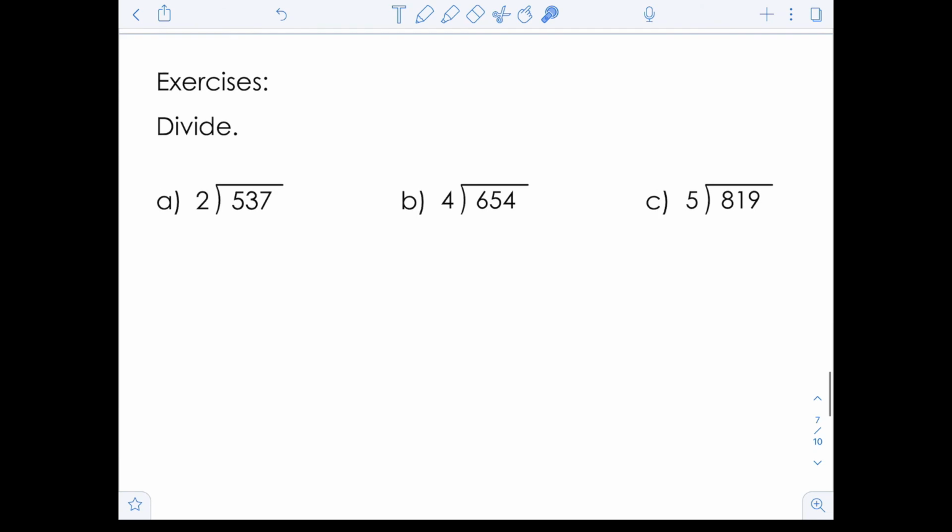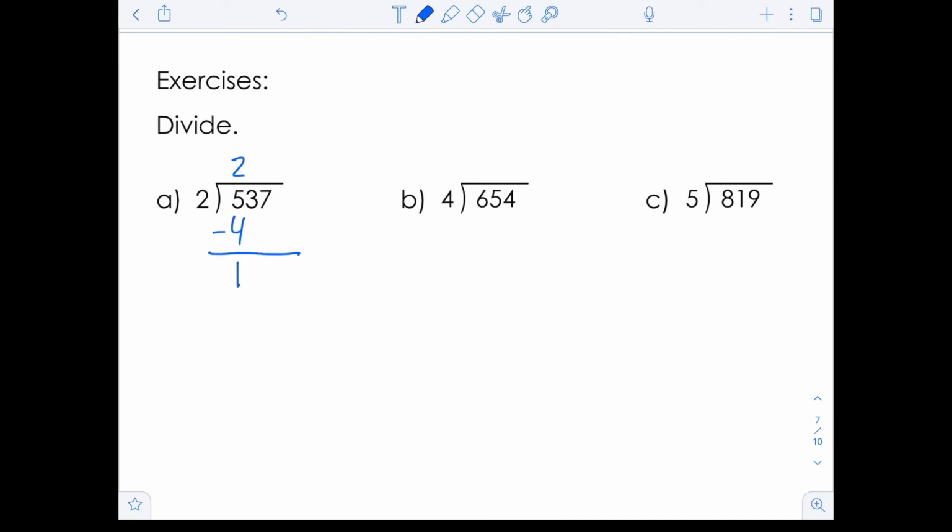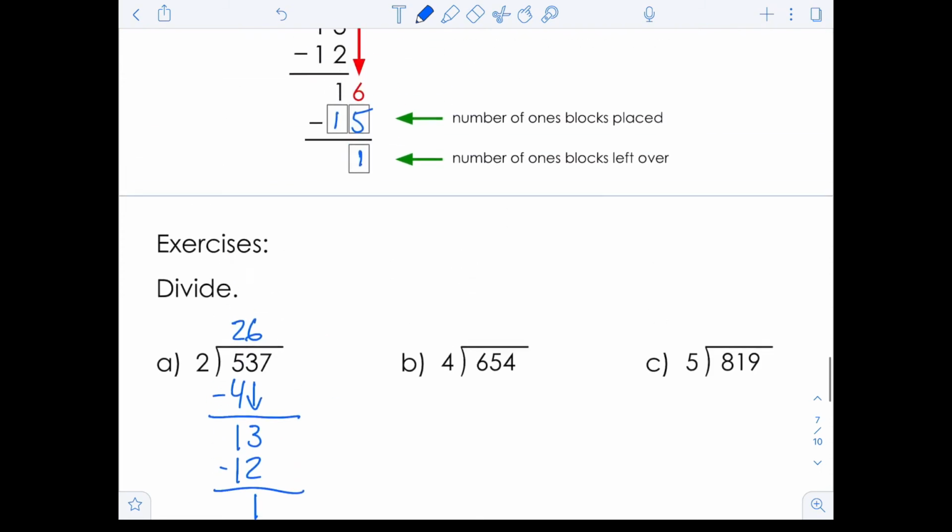So let's try these 3 steps. You can pause the video, come back when you're ready. 5 divided by 2 is 2. 2 times 2 is 4. Subtract, we have 1. Bring down the 3. Then it becomes 13 divided by 2. And the answer is 6. 2 times 6 is 12. Subtract, we have 1.